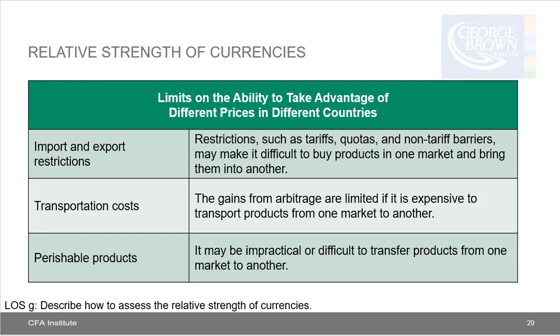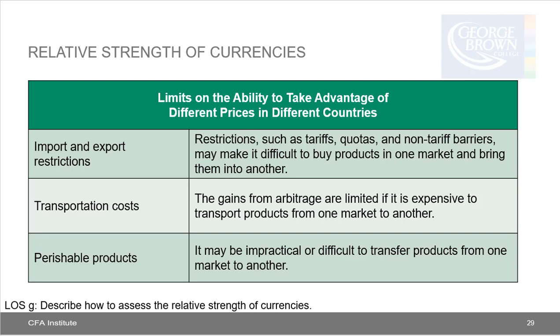The first one is import and export restrictions. Restrictions such as tariffs, quotas, and non-tariff barriers may make it difficult to buy products in one market and bring them into another. And indeed, bringing a car in from the United States into Canada, there are certain restrictions and things that you have to do, and perhaps duties and taxes that need to be paid. So in general, import and export restrictions will limit the ability to take advantage of different prices in different countries.